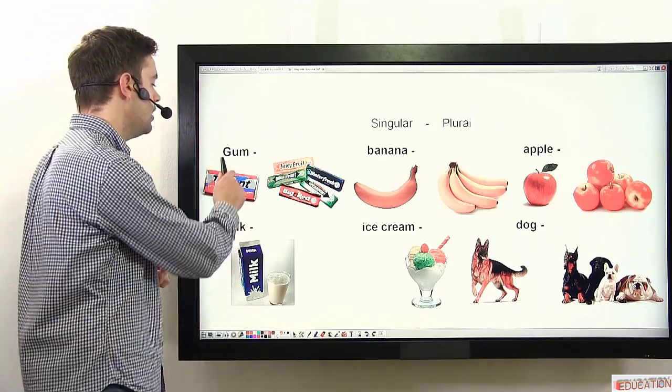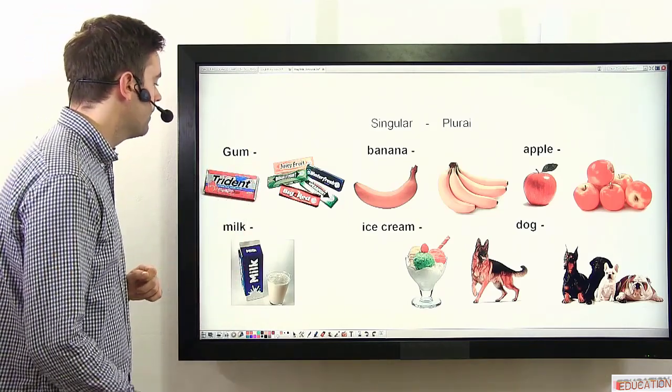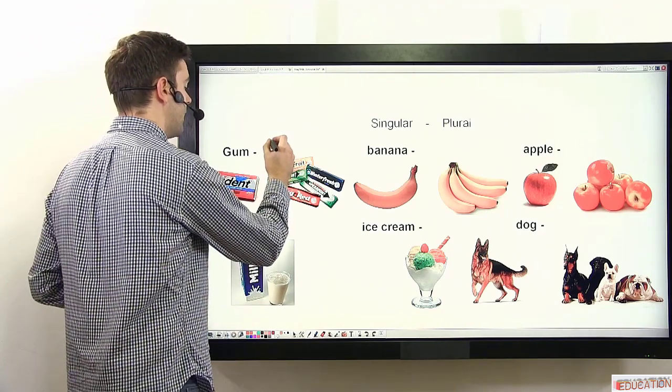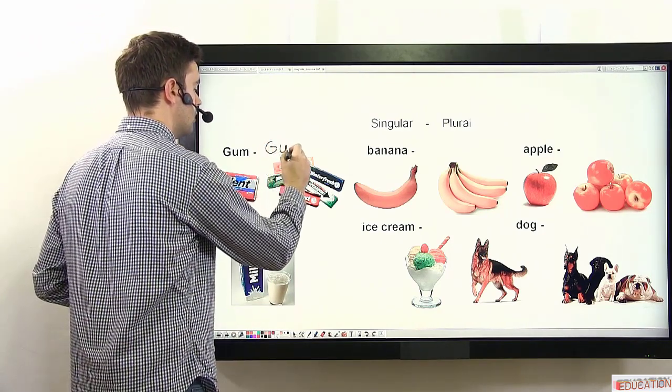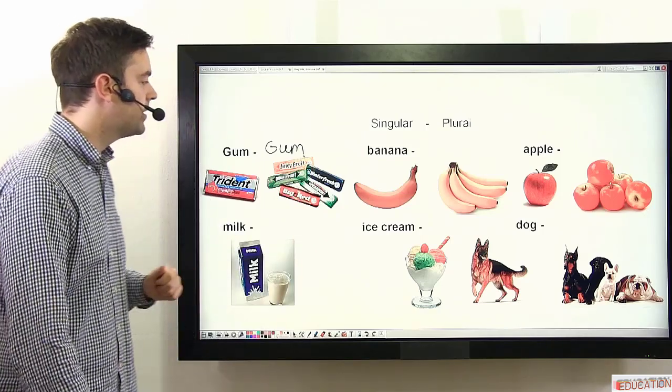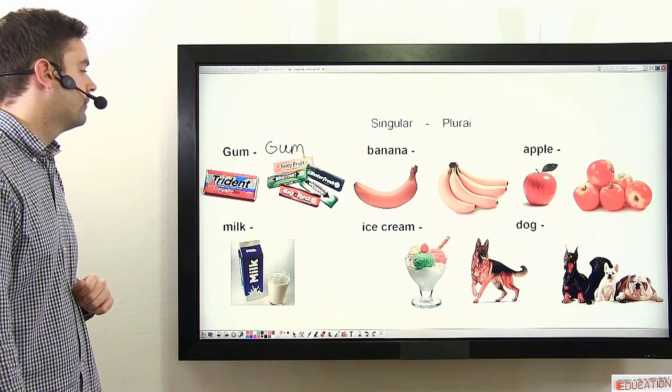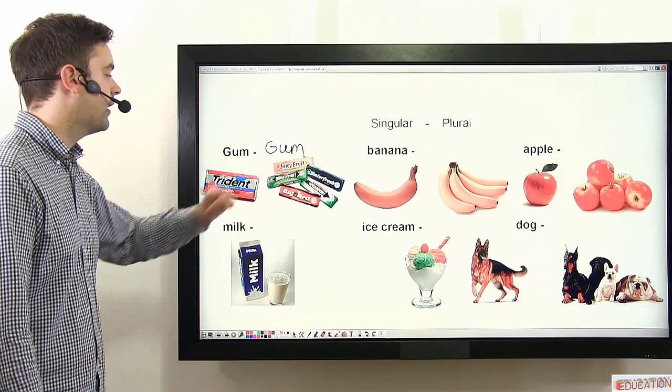Gum, G-U-M, is a non-count noun. So the plural is gum. One gum, many gum.